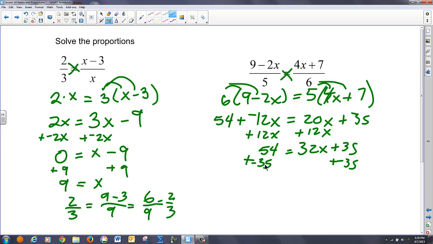And then if I have 54 plus negative 35, I end up with positive 19 is equal to 32x. I'll take and divide both sides by 32, and I get an x value of 19/32.